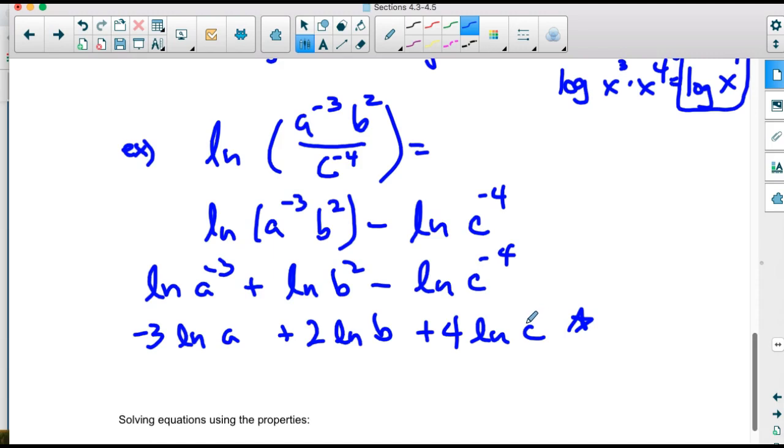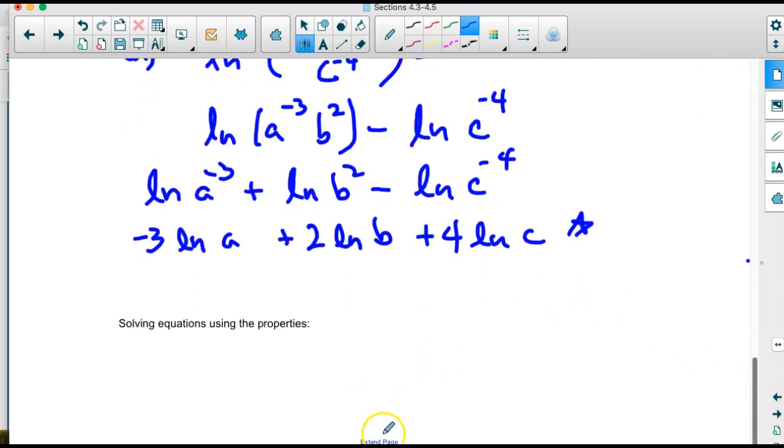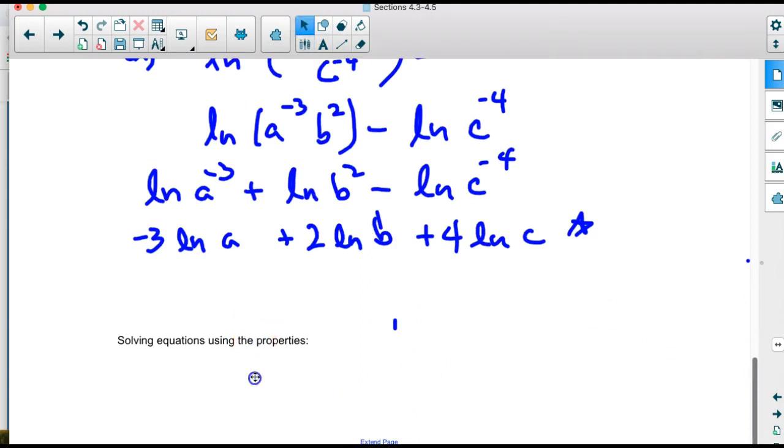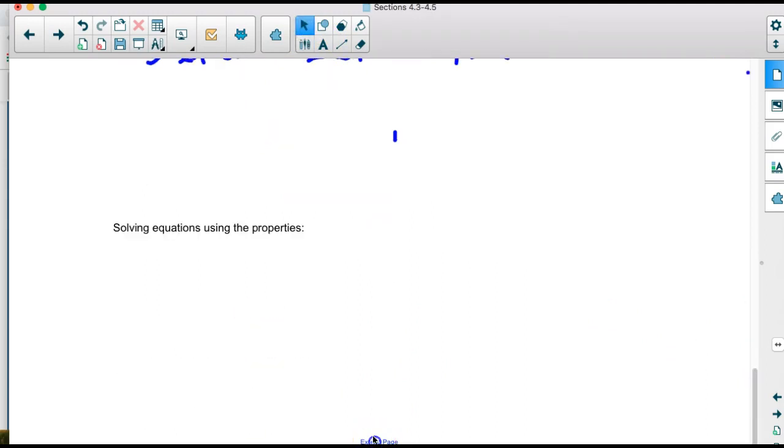Okay, if we had a square root in the problem, then we just have to make sure that we write it as an exponent. Let's move this down. We'll put one more example, then we'll go to solving.